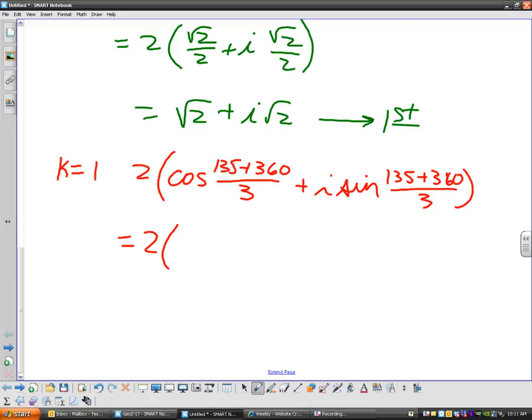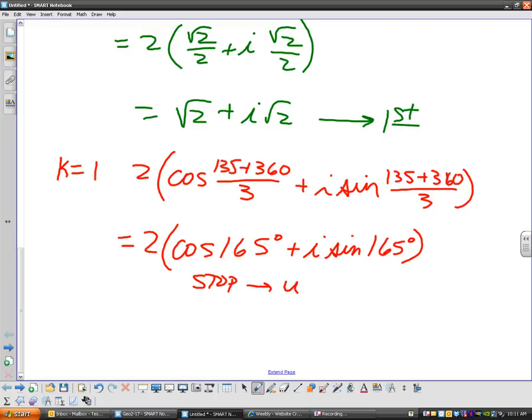So then I have 2 times the cosine of, let's see, I think that's 165 plus i times the sine of 165. Now 165 is not an angle that we know the reference angle for and can find easily. So we can just stop here. Now if you wanted to put it in standard form, you would need to use the calculator.